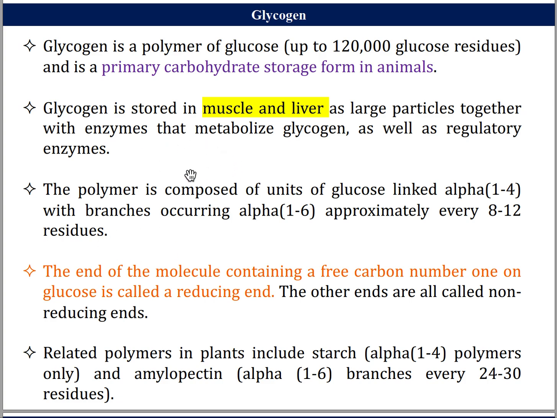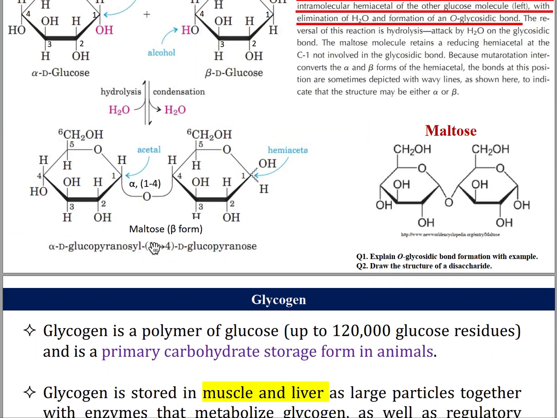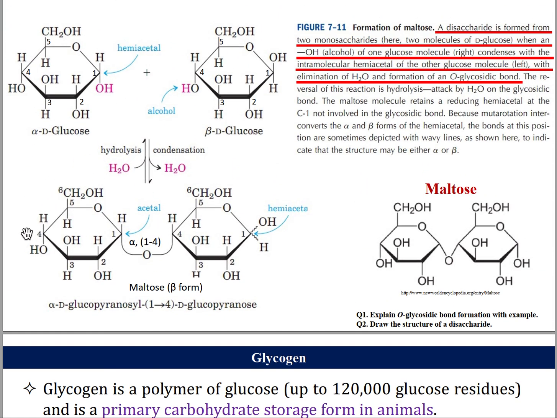The polymer is composed of units of glucose linked alpha 1,4 with branches occurring alpha 1,6 approximately every 8 to 12 residues, and the end of the molecule containing a free carbon number 1 on glucose is called the reducing end, and the other ends are all called non-reducing ends. So this is the non-reducing end and this is the reducing end.